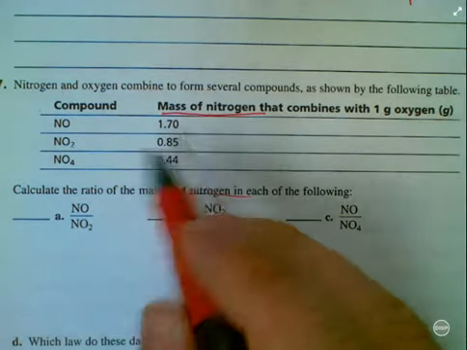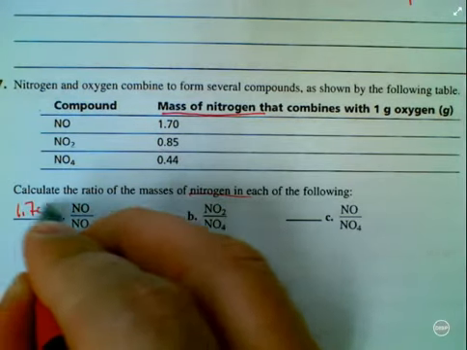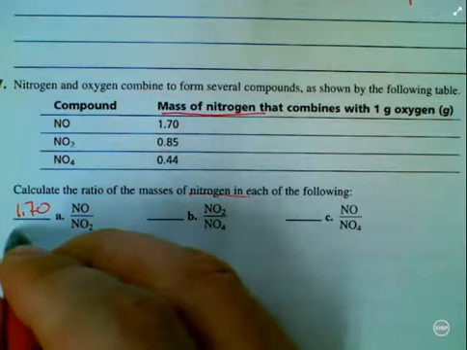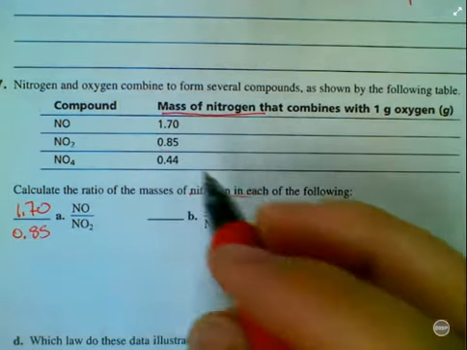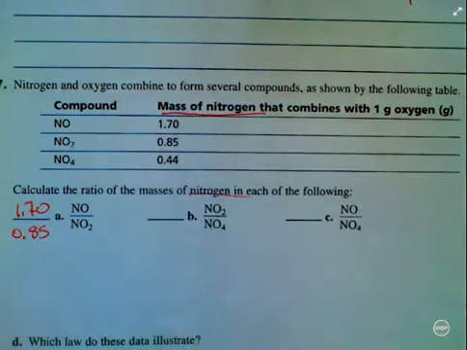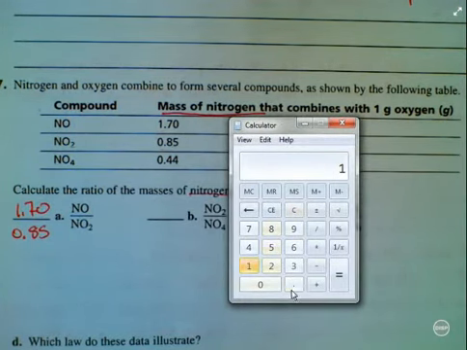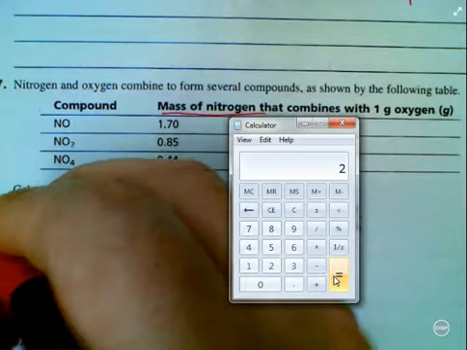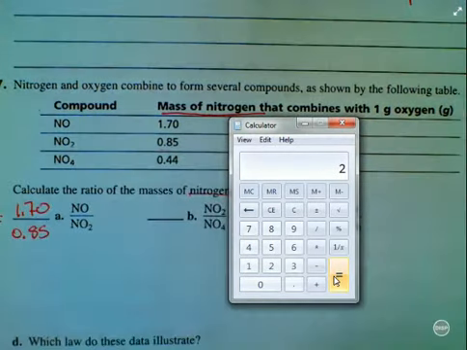So the ratios, 1.70 and then 0.85. What does that equal? Well, use that trusty calculator. 1.70 divided by 0.85. That ratio is 2.